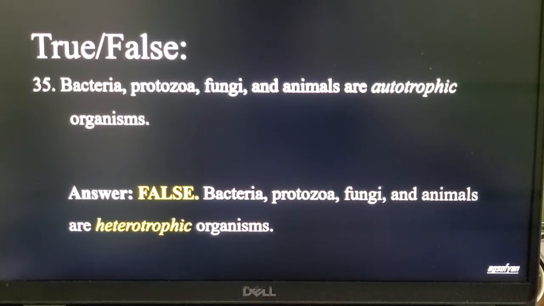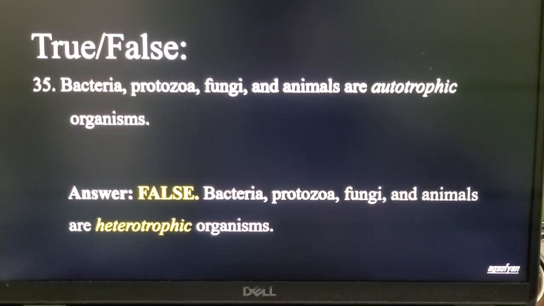It means that organisms like bacteria, protozoa, fungi, and animals have to get the food or nutrient from others. Therefore, bacteria become parasites because they take nutrients from their host.